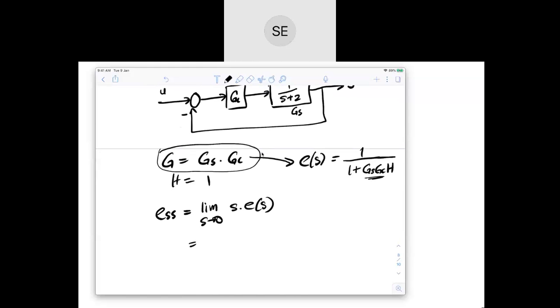What if I have GC, the controller, equal to just a constant value of 2? What happens? My error will be the limit as s goes to 0 of s multiplied by 1 over 1 plus, your GS is 1 over s plus 2, your GC is 2.